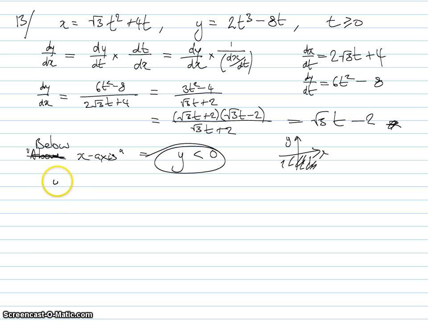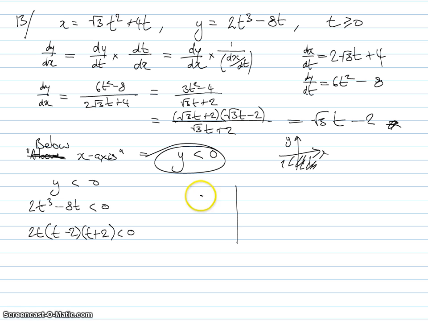So y is less than 0 tells us that 2t cubed minus 8t should be less than 0, or that 2t times (t minus 2)(t plus 2) is less than 0. How do we know which particular region we're talking about?